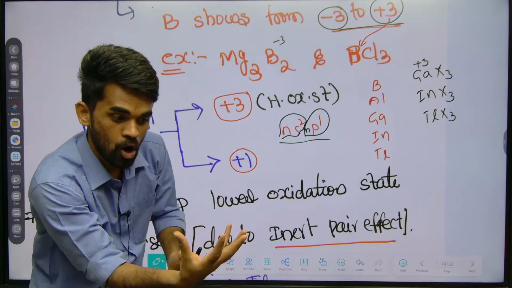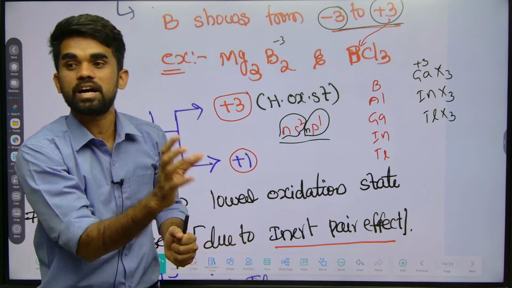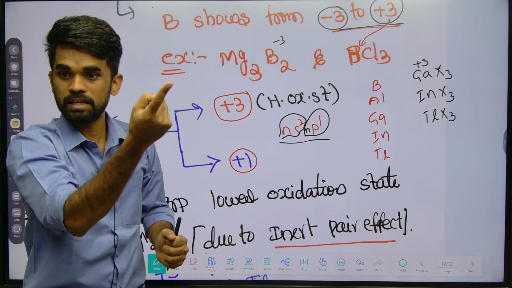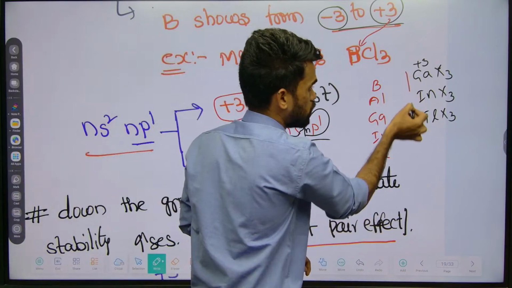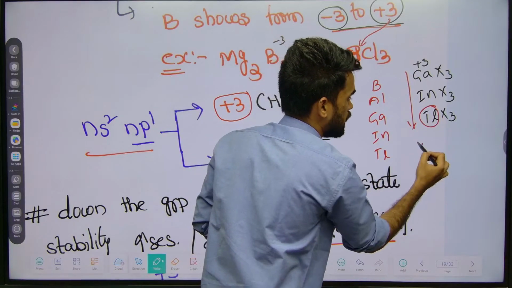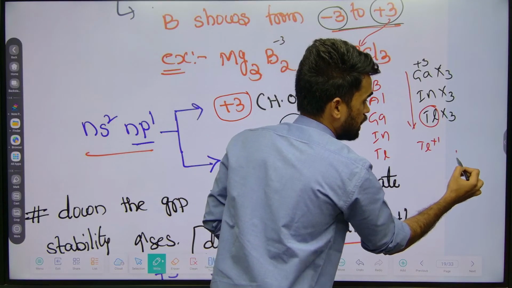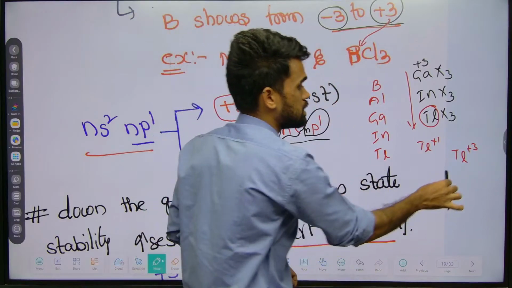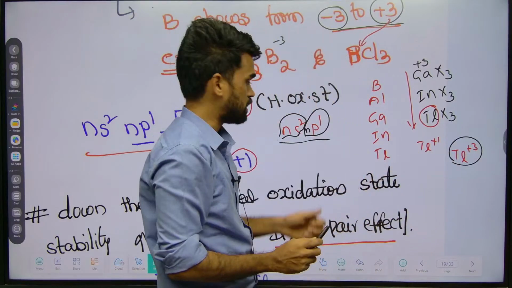It means the bottom element wanted to stay in which oxidation state? +1. Down the group inert pair effect increases, so the bottom element wanted to stay in +1 only. It doesn't want to stay in +3 oxidation state because it has more inertness for these ns electrons.